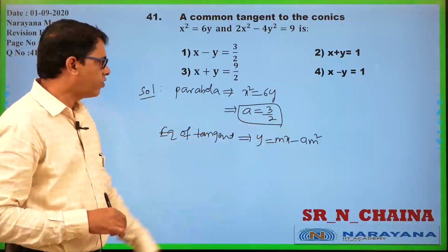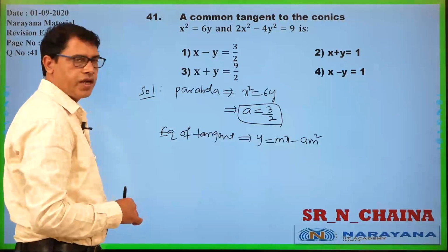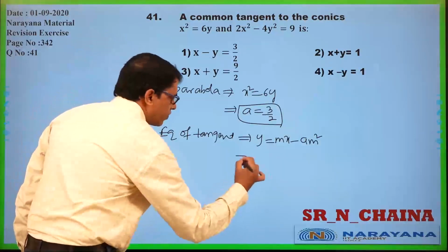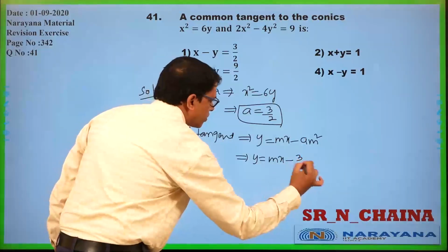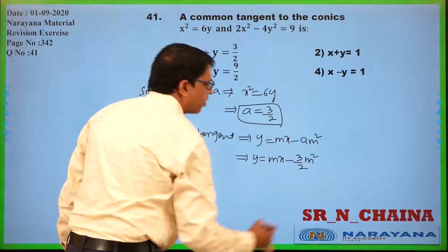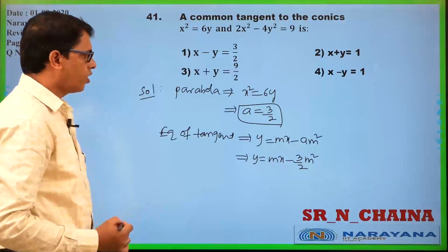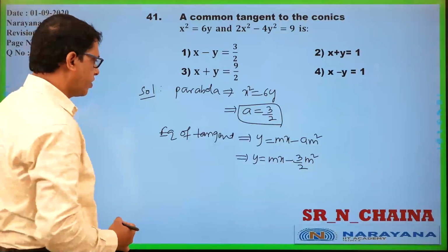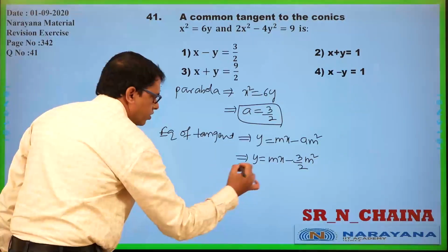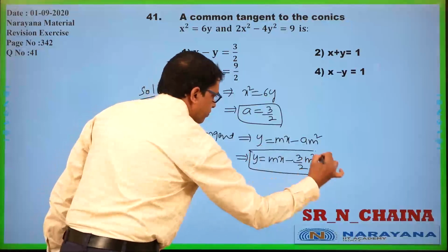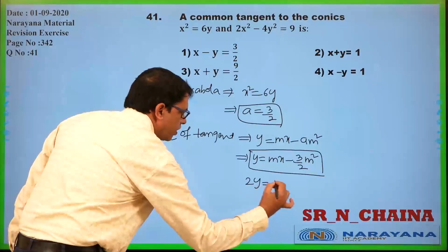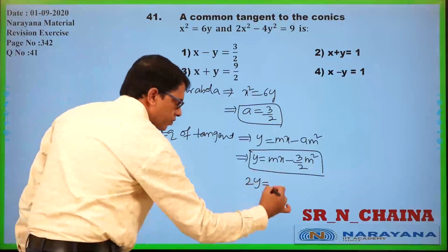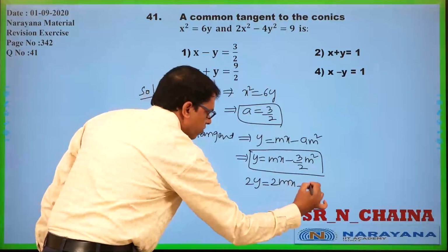Here apply the a value. That implies the equation of tangent will be y is equal to mx minus 3 upon 2 m square. If you simplify further, what we get? That implies 2y equals 2mx minus 3m square.